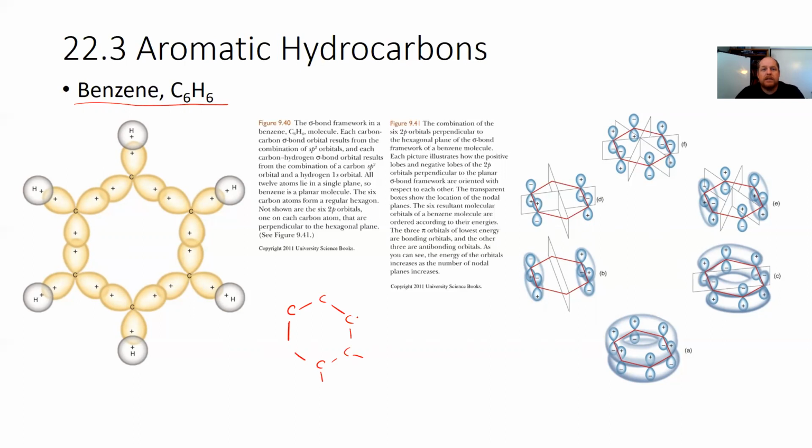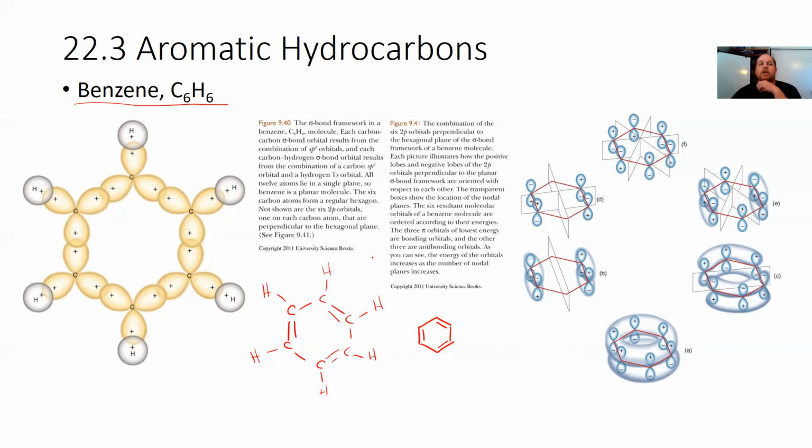And it has resonance. Draw my double bonds in there. Right, so it looks something like that. Of course, now that we know line angle drawings, we can draw out benzene like so. A lot easier to do.